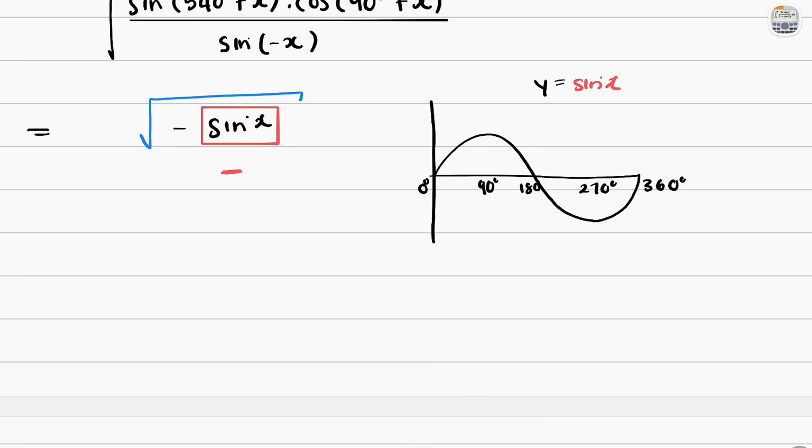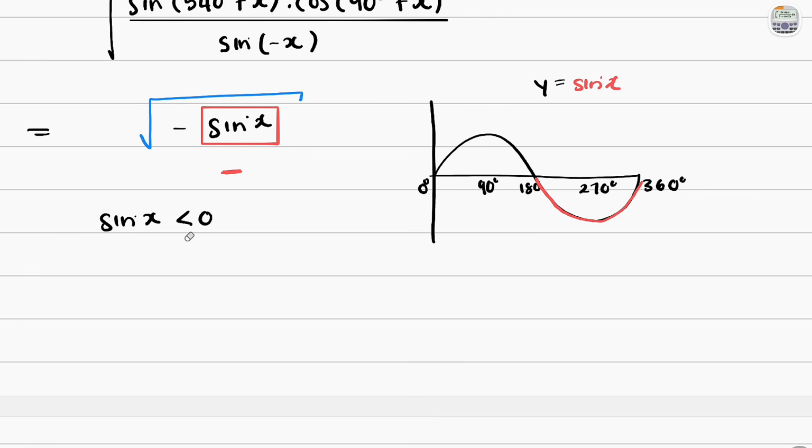And we're looking for where the graph of sine x is going to have a negative value. And you see that would be all through here. So in other words, sine x needs to be less than 0. It needs to be negative, and then negative times that negative value gives us a positive value, and the square root of a positive number will be real.